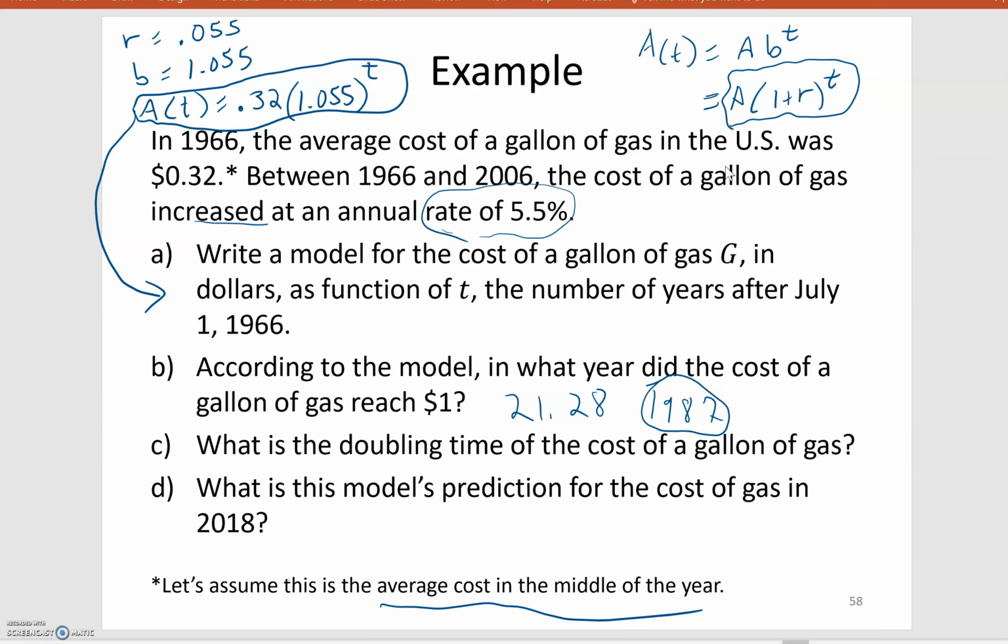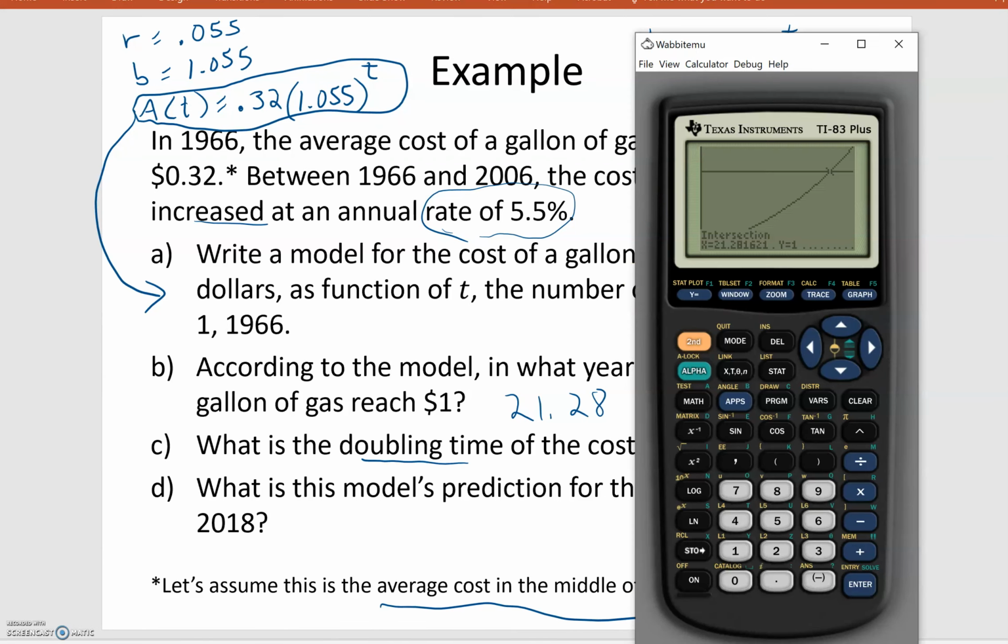Okay. What is the doubling time of the cost of a gallon of gas? So doubling time, that's the amount of time it takes for the value to double. So we started off at 32 cents, so we basically want to know how long it takes to get to 64, which is essentially still a calc intersect question. And my previous window is probably still fine.